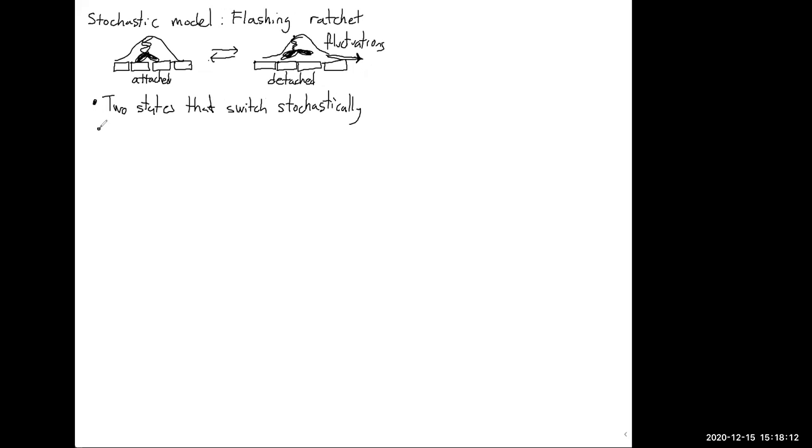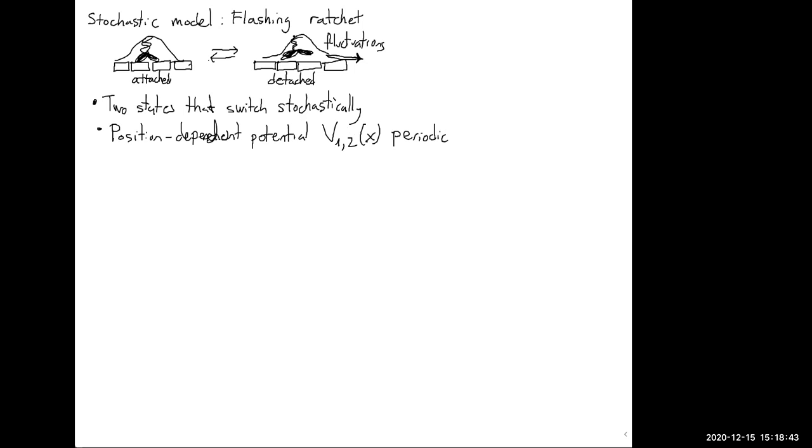Each of these states is characterized by a position-dependent potential, V1 or 2 of x. So there are two potentials, V1(x) and V2(x), and they are periodic and asymmetric.